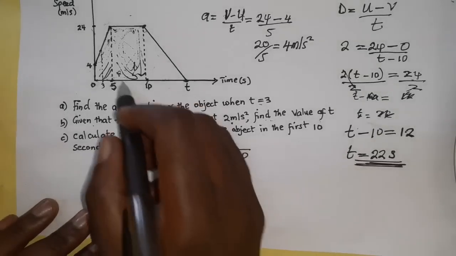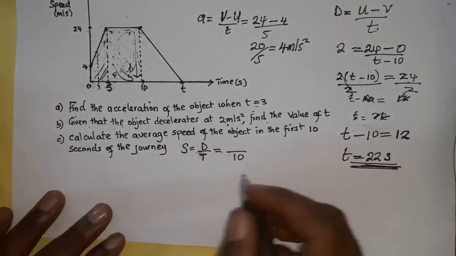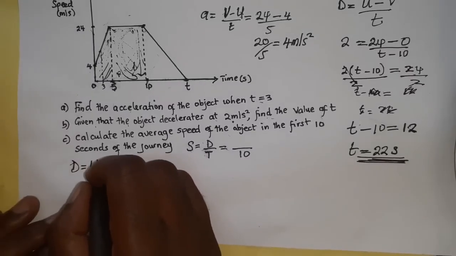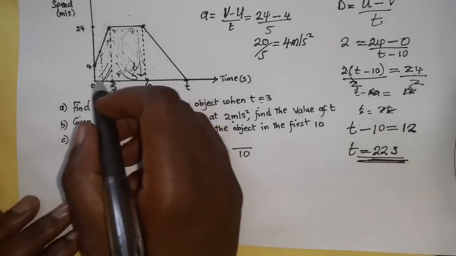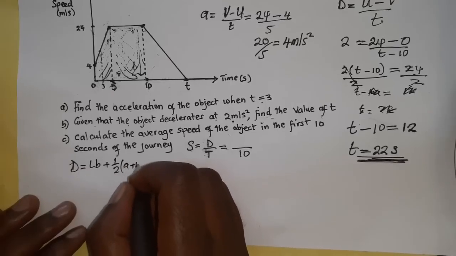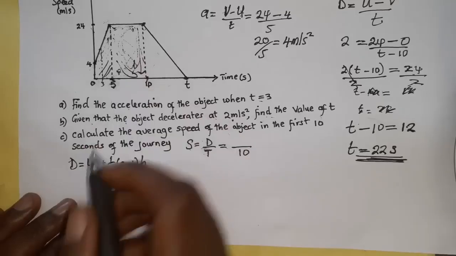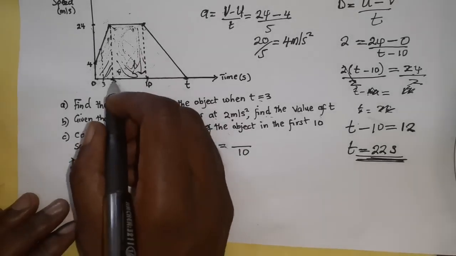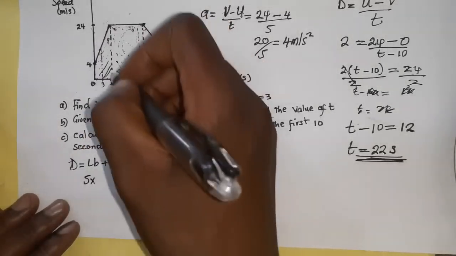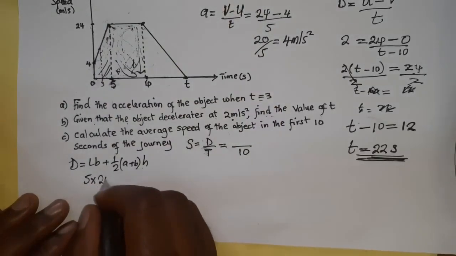This is very simple. What is this? This is 5. This is like a trapezium, which is 1 over 2, A plus B, then H. So for the bigger one, we have here 5 multiplied by the longer side, which is 24.